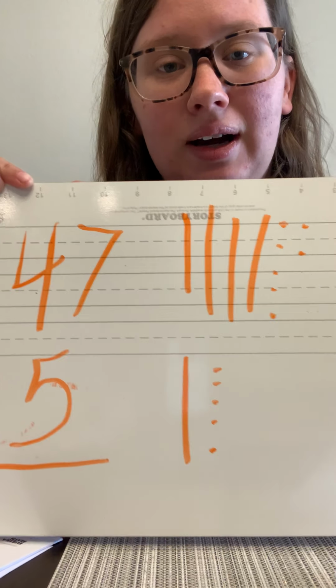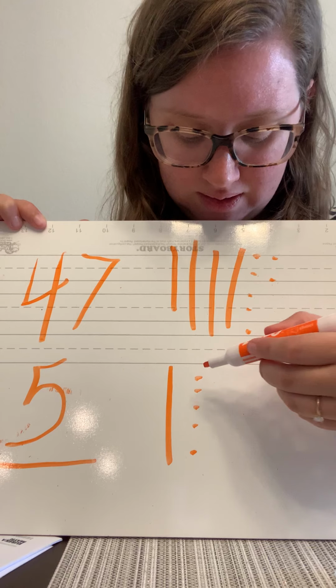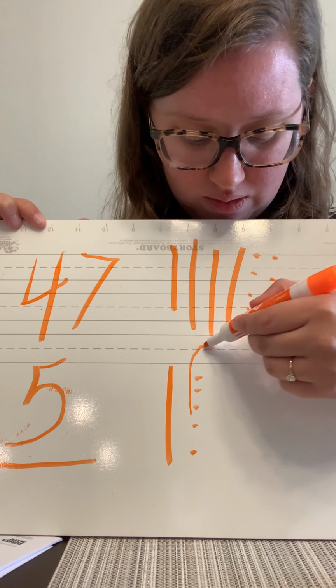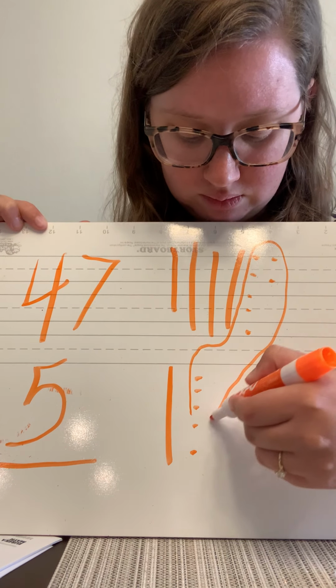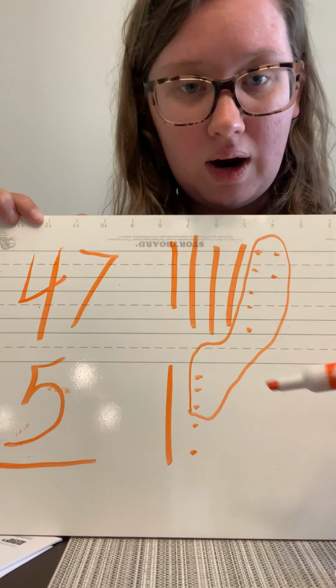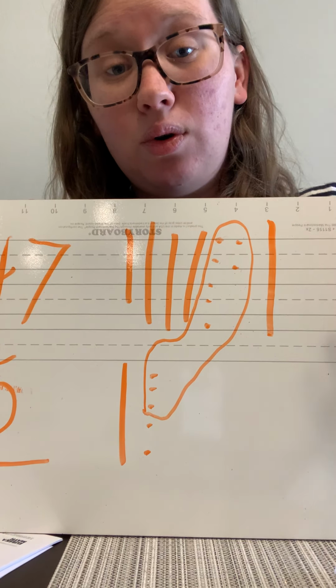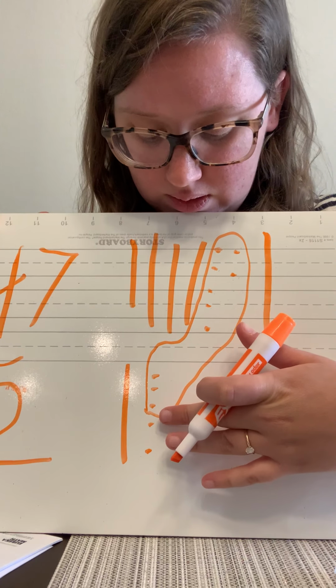So I'm going to count out 10 units to regroup them to a 10. 1, 2, 3, 4, 5, 6, 7, 8, 9, 10. So all of these 10 are going to become 1 rod. So they're not disappearing, they're just regrouping to the next place value.